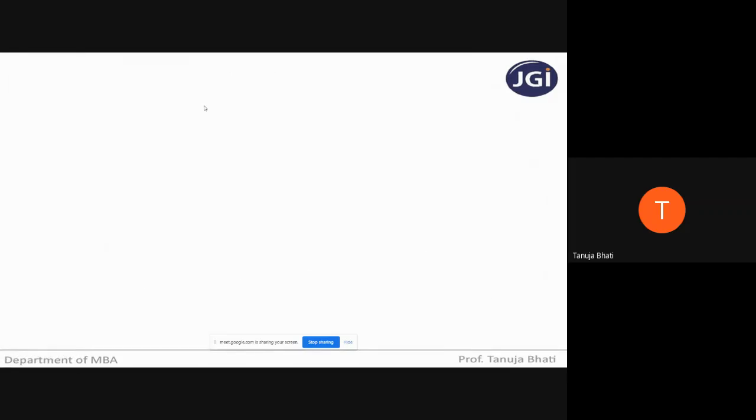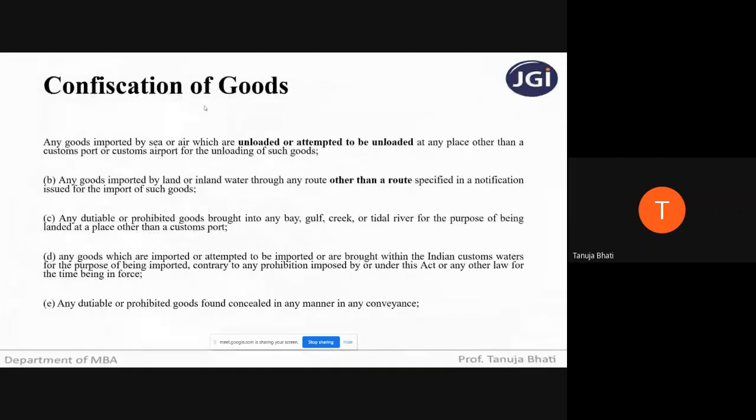There are various other reasons also, which I will just read out or tell you. Suppose there are any dutiable or prohibited goods which are required to be mentioned in the import manifest. We saw in the import procedure that there is something called the import manifest.